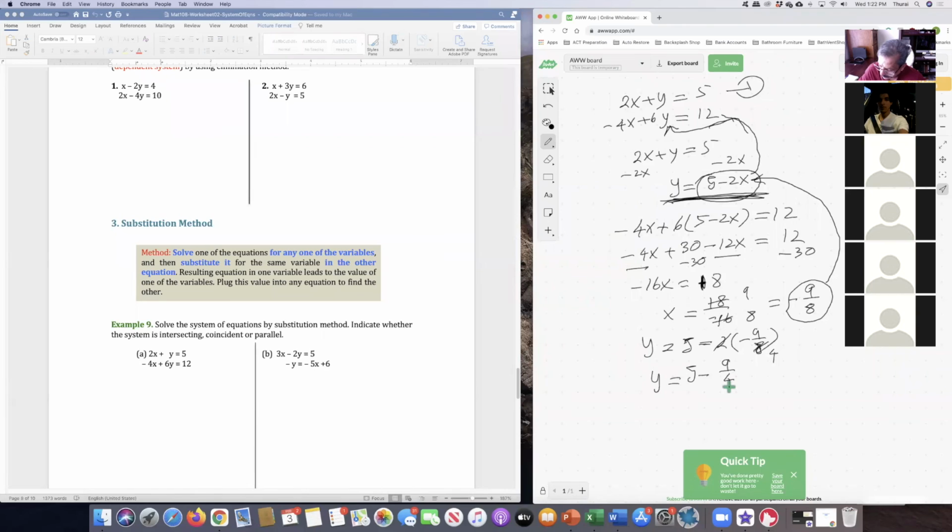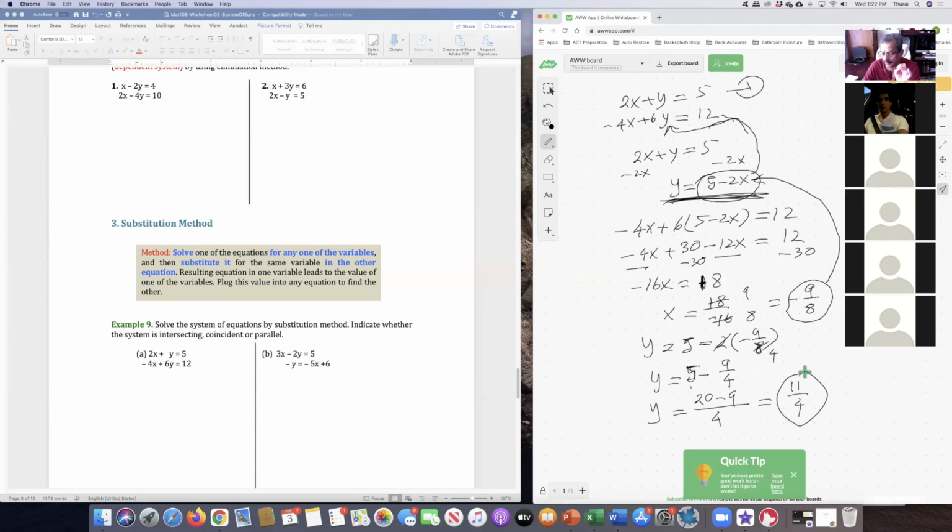Okay, so I need to simplify that further. The common denominator is 4, so 5 is 20 over 4. So I get 20 plus 9, that's 29 over 4. So we found the answer by substitution method.